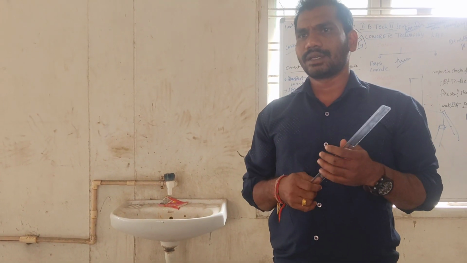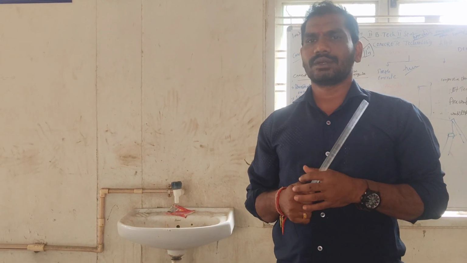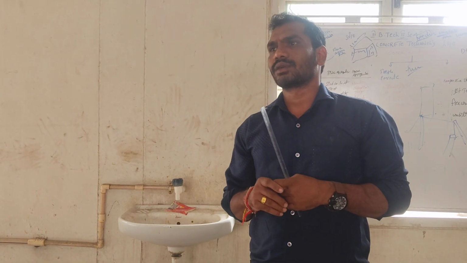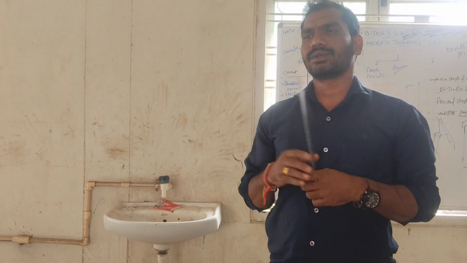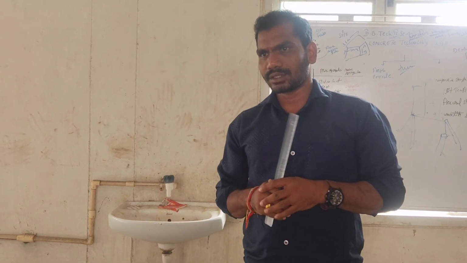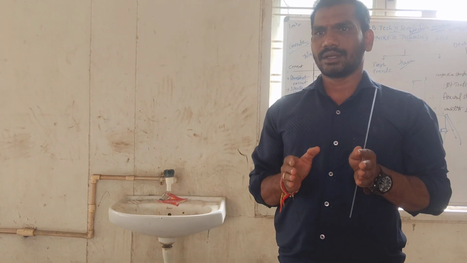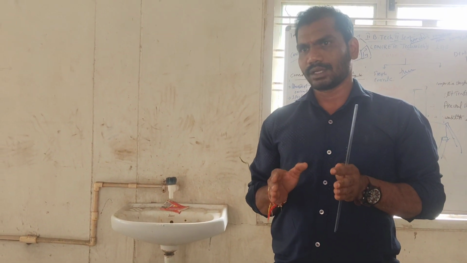In the laboratory, the compaction factor tester is used. After that, the VB consistometer. Some special concretes, like self-compacting concrete, have different workability tests. Now I am discussing how to conduct the workability test for conventional concrete using the slump cone test.